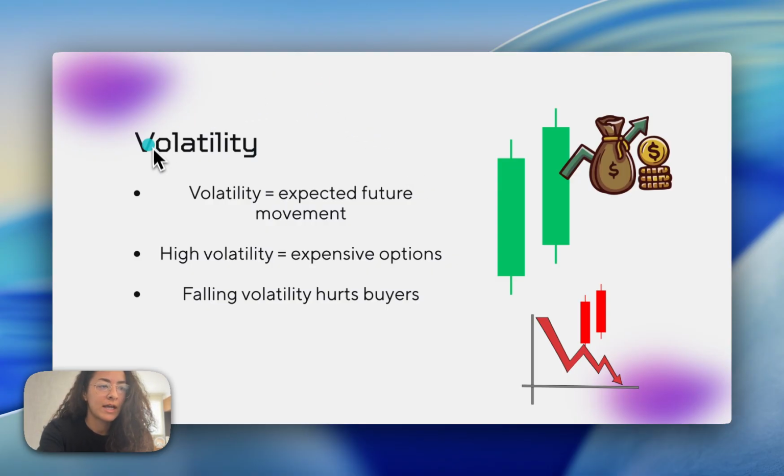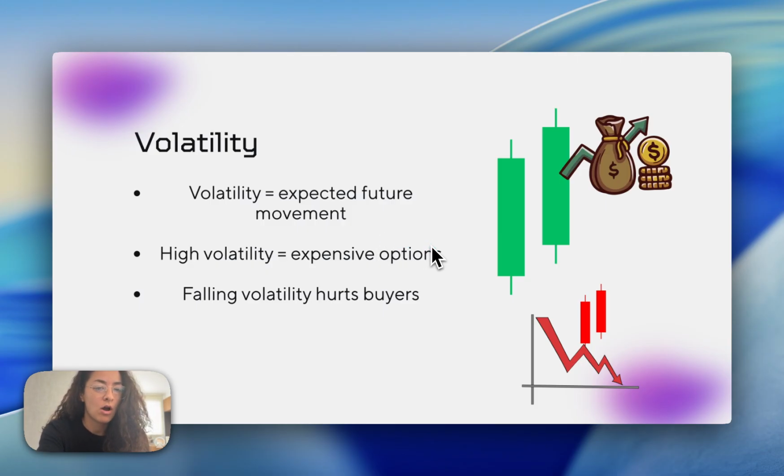The third component is volatility. Volatility measures the expected future movement. So, high volatility makes options expensive. But this can be a positive thing if you are an option buyer that bought an option when volatility was low, and then with time, volatility increasing will help us. For example, going towards an earnings date, the volatility goes up.